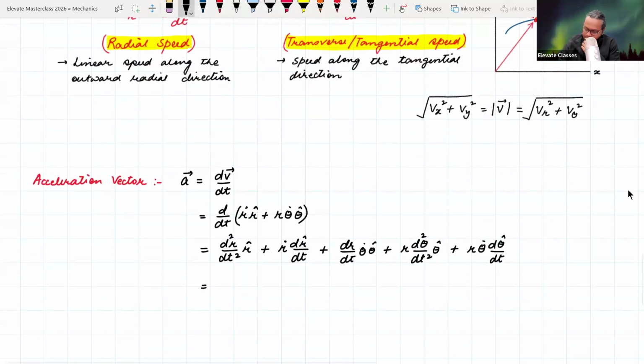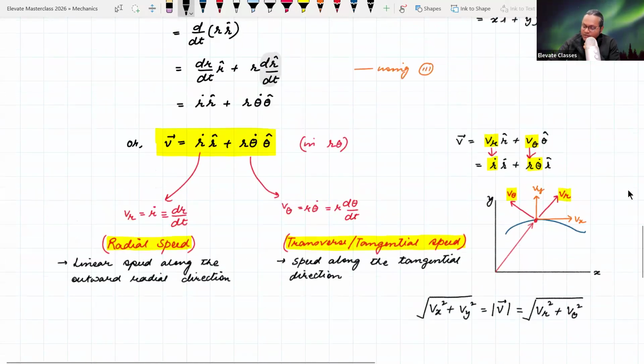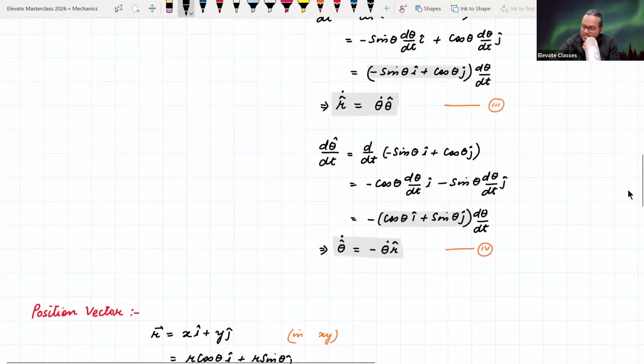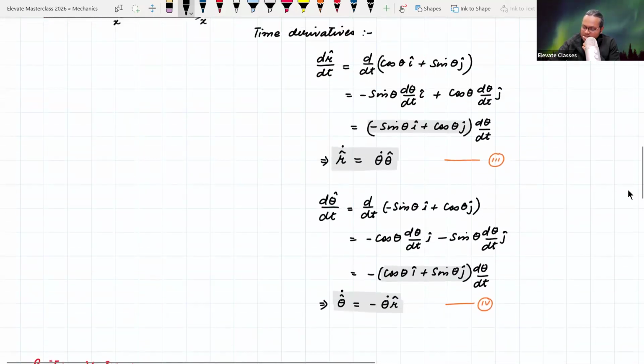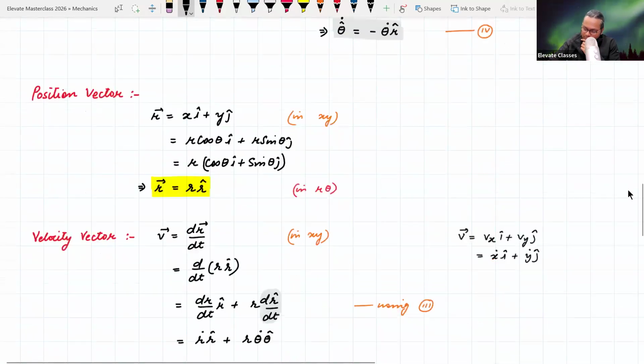Okay, so this is r double dot r cap, and this is r dot. So what is d r cap upon dt? d r cap upon dt is theta dot theta cap.